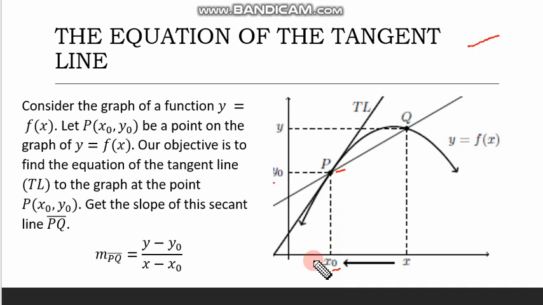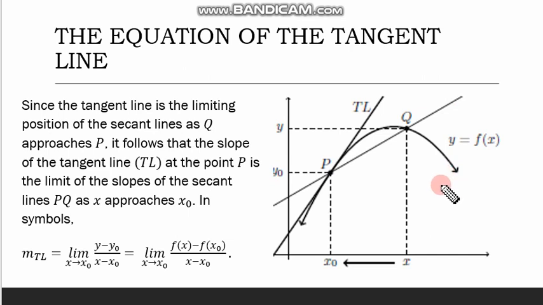Our objective here is to find the equation of a tangent line to the graph at the point P. Get the slope of this secant line PQ. In our prior knowledge, the slope of the secant line is y minus y sub 0 over x minus x sub 0. So that's the slope of the line from P to point Q.